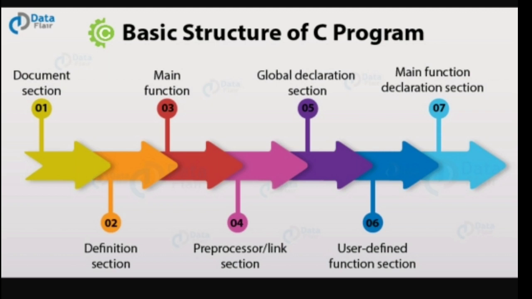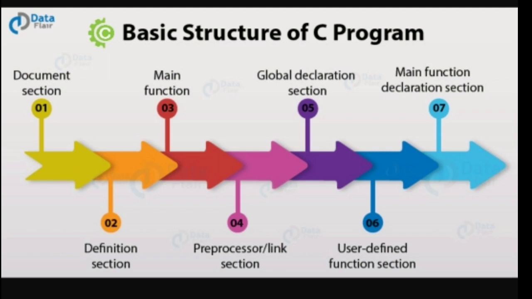Then the main function, main with opening and closing brackets. Every C program must have a main function. Your C program can be small or very large, but it will definitely have a main function. Then the subprograms, which are user defined functions.